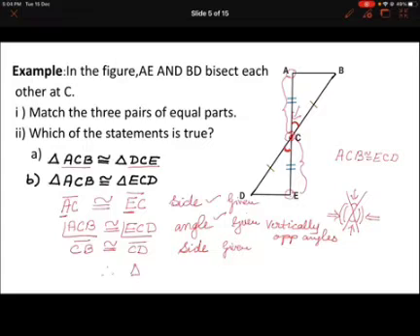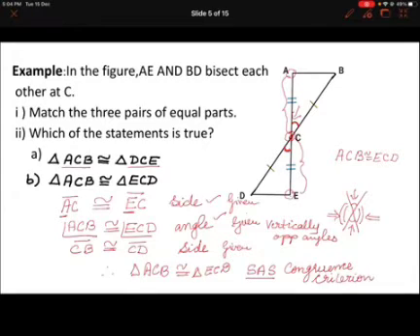Okay, so write down triangle ACB is congruent to triangle ECD. So which is the rule that you have used? It is side, angle, side, SAS congruence criterion. Criteria is plural. Criterion is singular.